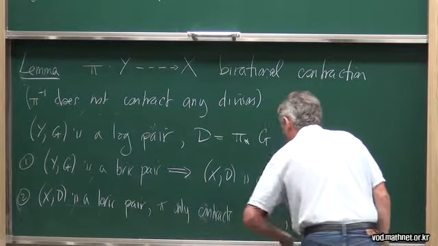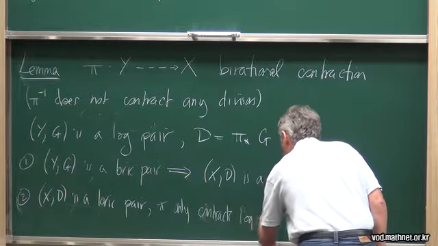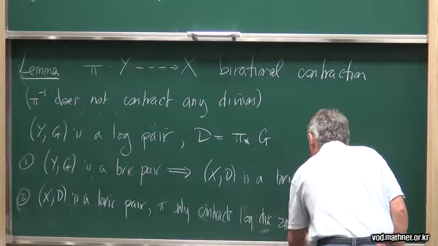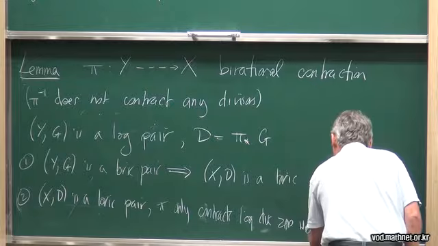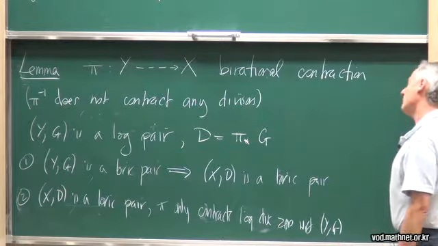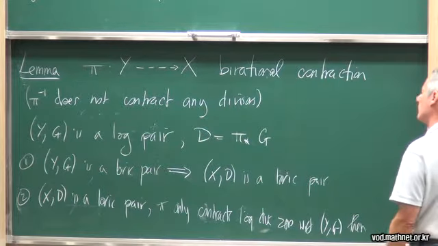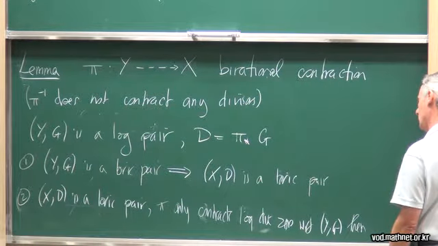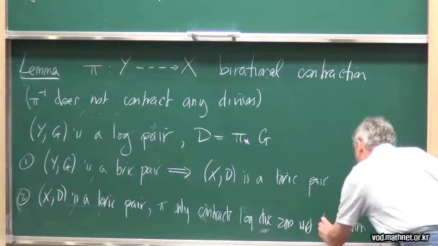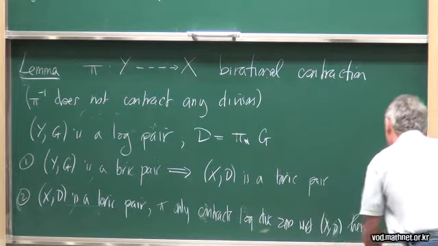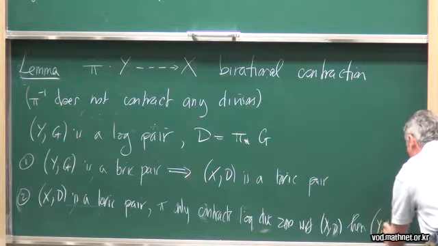Okay, sorry, log discrepancy 0 with respect to (X, D), sorry. Then (Y, G) is a toric pair.